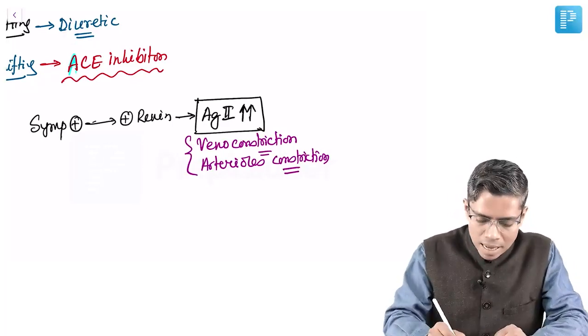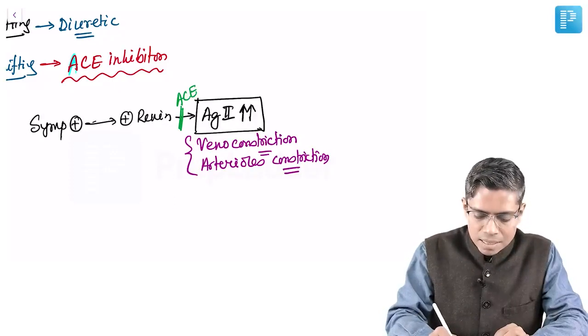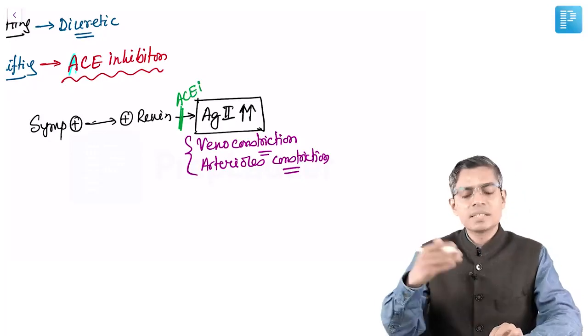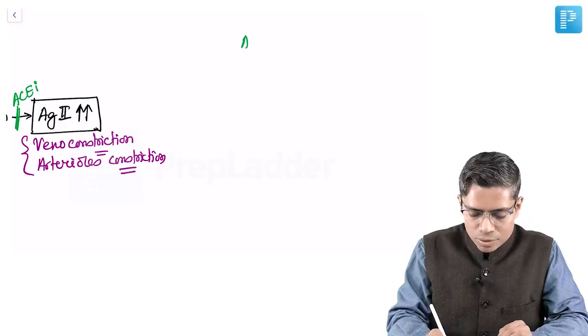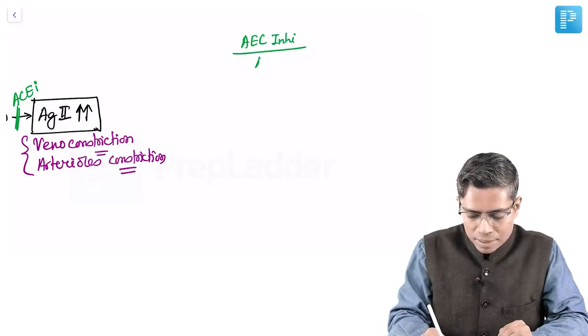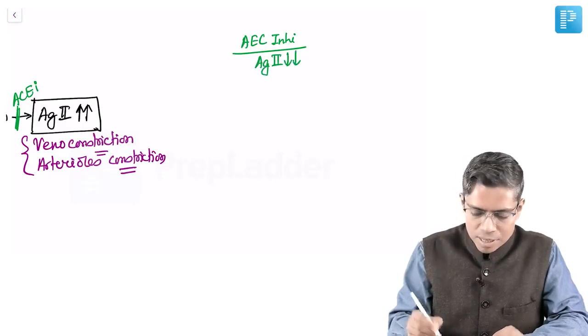So whenever I am giving this ACE inhibitor drug, angiotensin 2 production will decrease. So what will happen in that case? Whenever I give an ACE inhibitor, the angiotensin 2 level will be reduced.